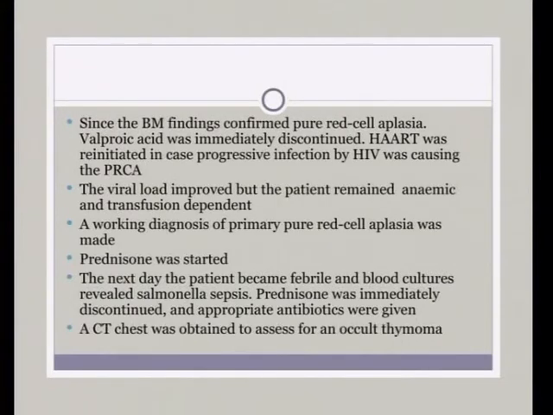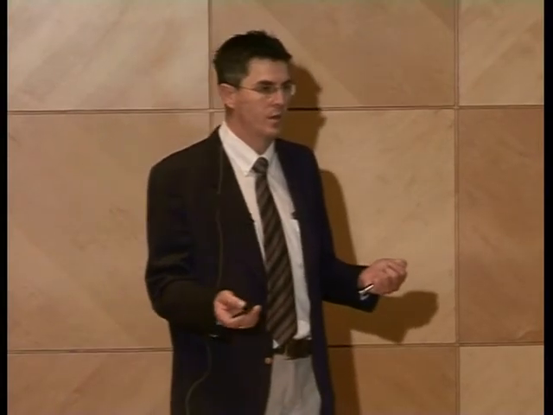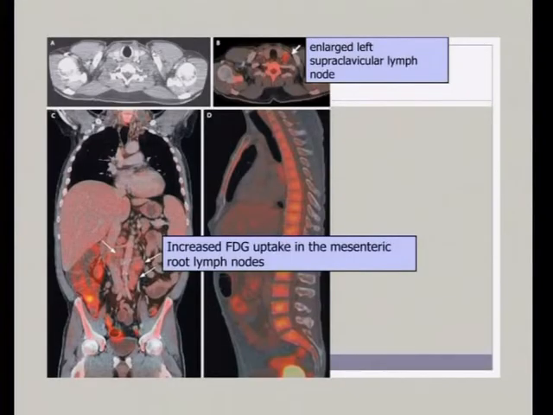A CT of the chest was also done to check for thymoma, because thymoma is also associated with pure red cell aplasia. And then this was discovered: a supraclavicular lymph node on the left, and these large mesenteric root lymph nodes as well.